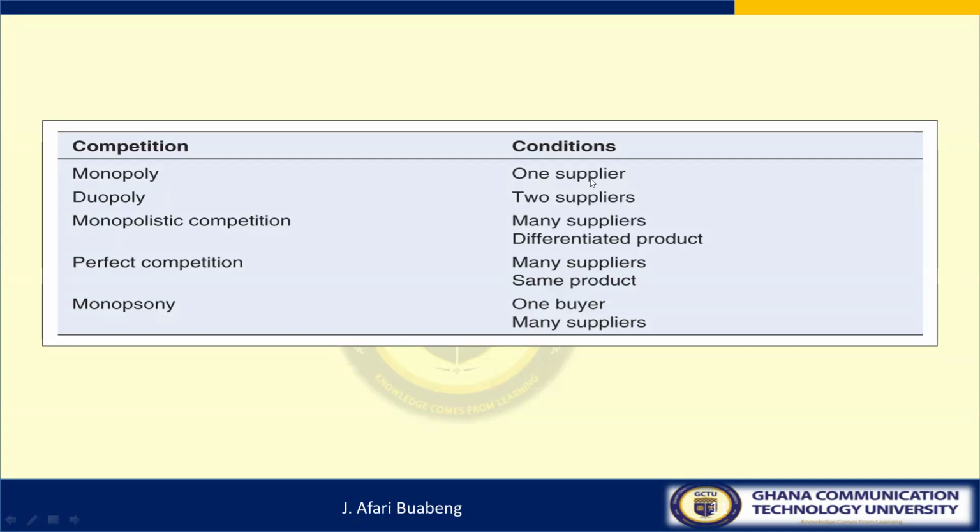There's nothing, because the products are identical. But the interesting thing is, when we talk about perfect markets, you don't really see them in real life. They only exist in books. You only read about them in books.